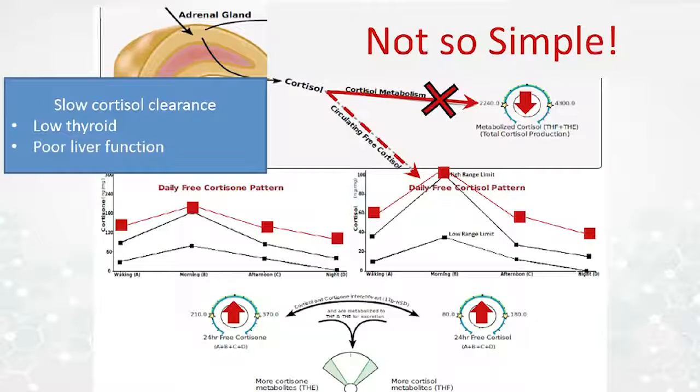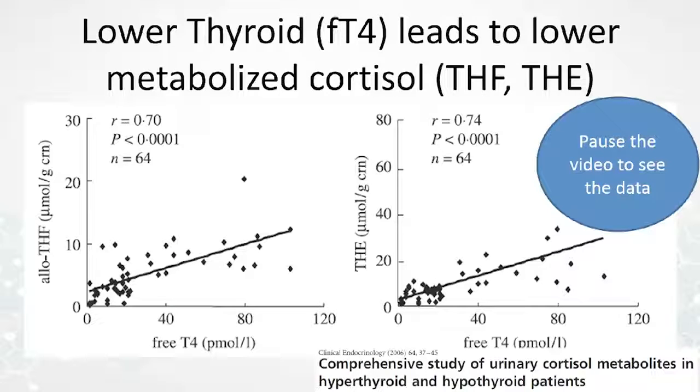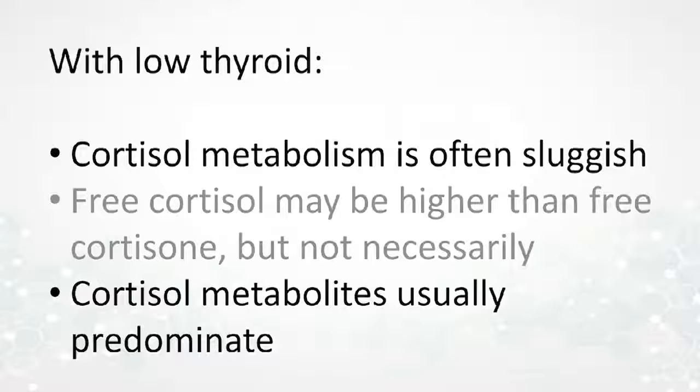And in those situations, again, there's a relationship between thyroid, between liver function, and your ability to get rid of cortisol. So what you typically find in those situations is what the literature says about low thyroid is that not only do you get this slowing of the cortisol clearance, you also get a slowing of cortisol being deactivated to cortisone. So you may see that the free cortisol is a little bit higher than the free cortisone.